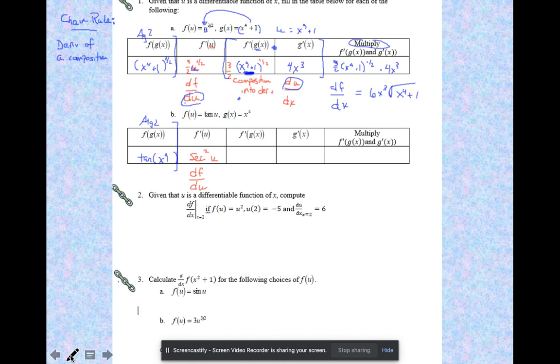Now take that u and remember you're going to take g and replace it, right? That's what you did. We took g and we put it in place of u.